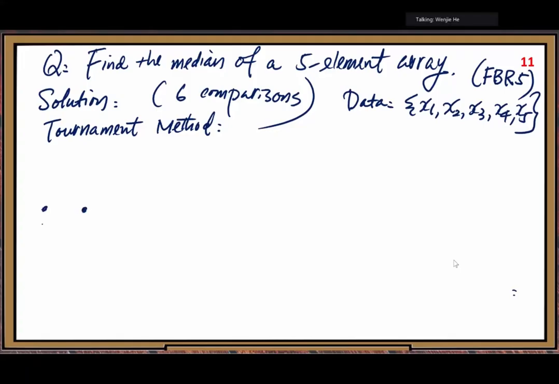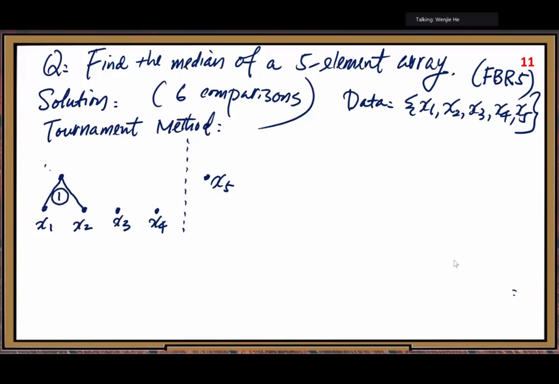The first round of the tournament method uses X1, X2, X3, X4, a power of 2. So the fifth element we leave out for the first round, because this is just the first round. Then comparison number 1 is between X1 and X2, and we assume, without loss of generality, X1 is the winner.